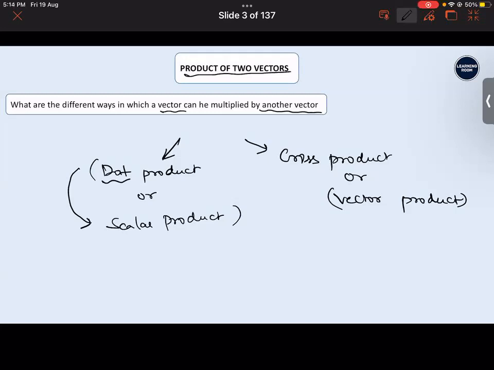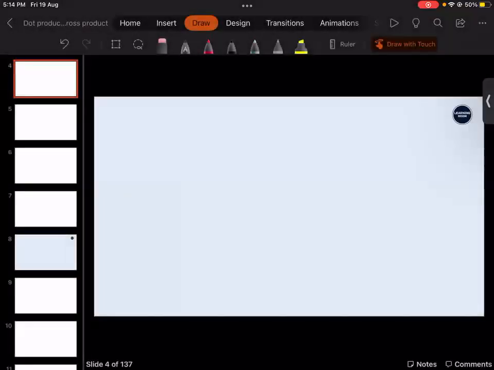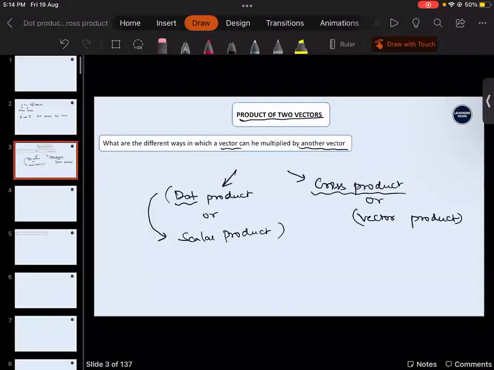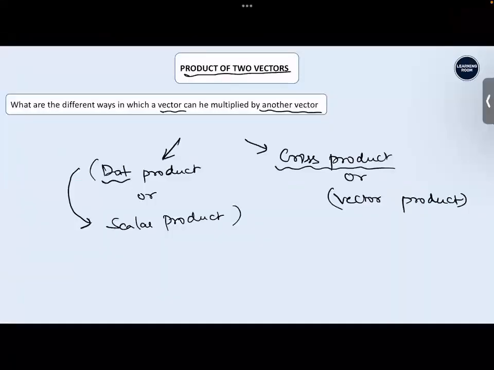In a similar way, the cross product of two vectors gives you a vector output.